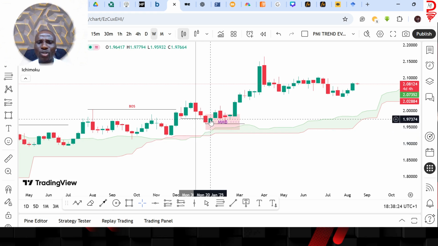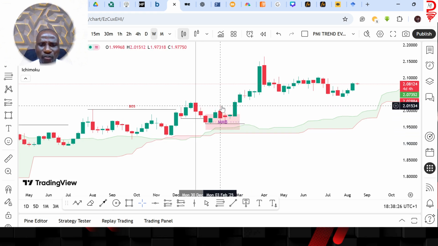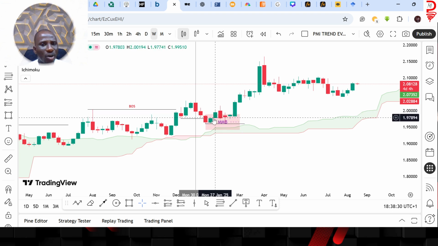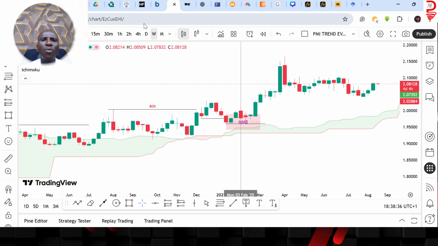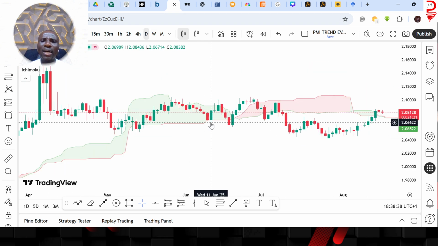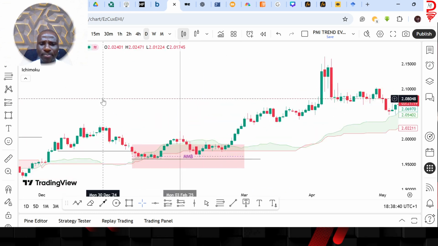Now, after you have spotted the money box and you have confirmed it with a particular period immediately after the engulfing move, this is the period that confirmed the money box. You can now move to the daily time frame.